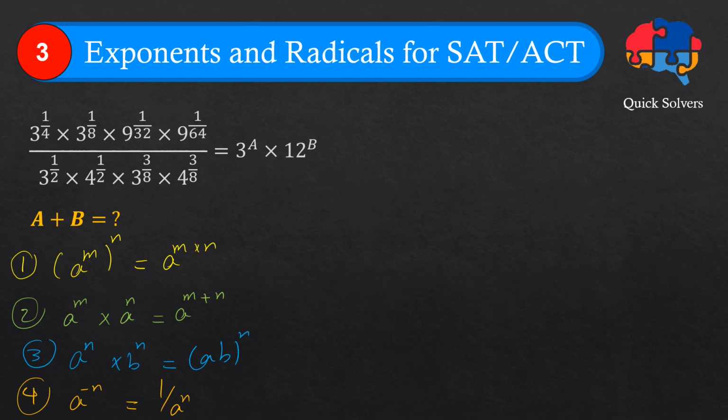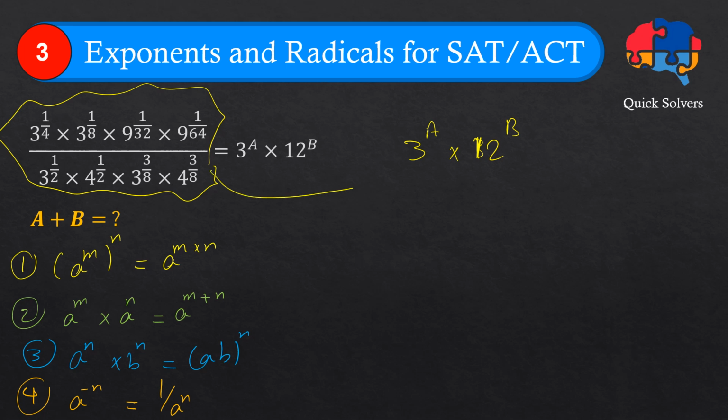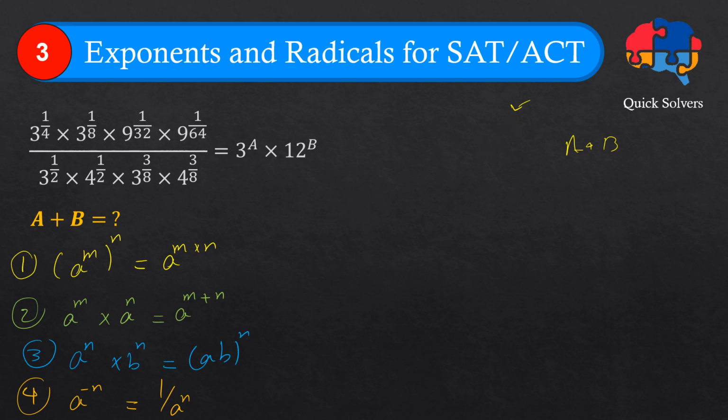But in that, we need to somehow get something to this format, 3 to the power of a times 12 to the power of b. I mean, we should simplify this expression here and rearrange it, and then finally we get something like this. Then we can say, okay, we have a, we have b, then we can calculate a plus b. So bear that in mind when you are focusing on the simplifying of the expression on the left hand side.